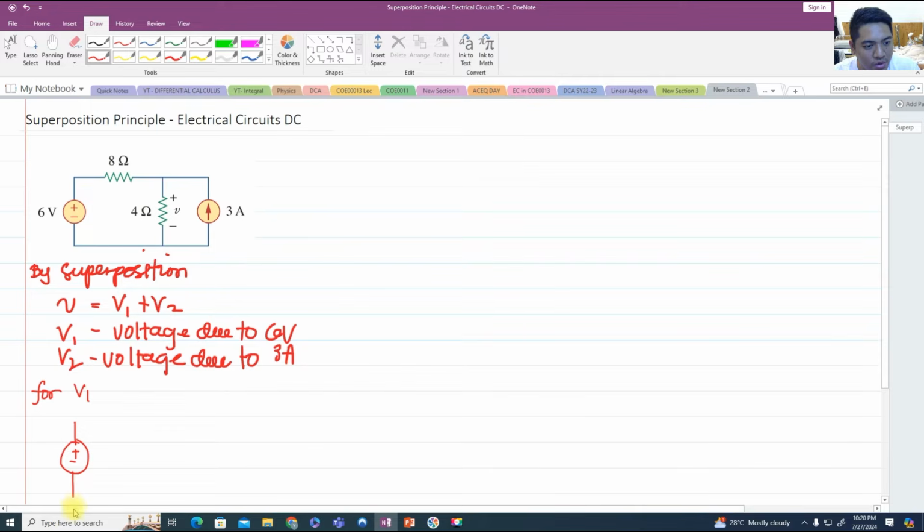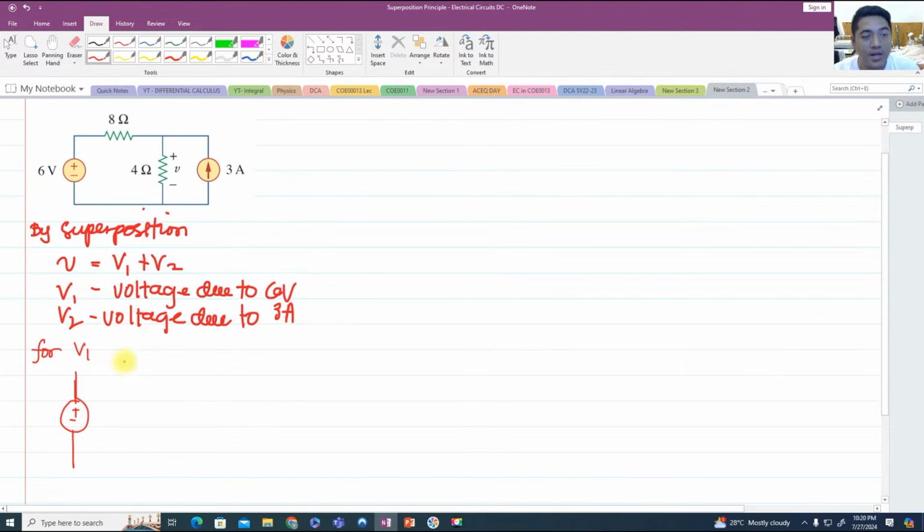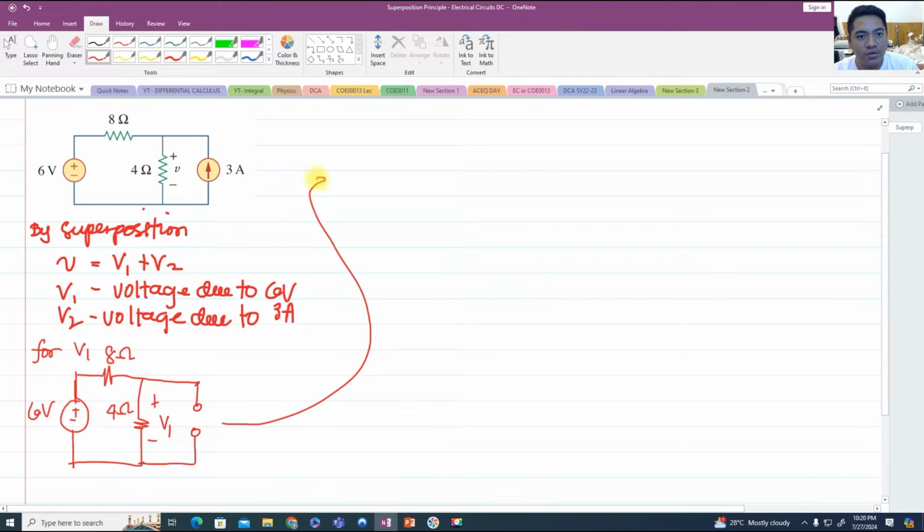The 3 ampere source is a current source, and according to our discussion a while ago, a current source must be replaced by an open circuit. So this is 6 volts, this is 8 ohms, this is 4 ohms. I'm going to find the voltage V sub 1 here due to the 6 volts, replacing the 3 ampere source with an open circuit, so that our circuit looks like this.